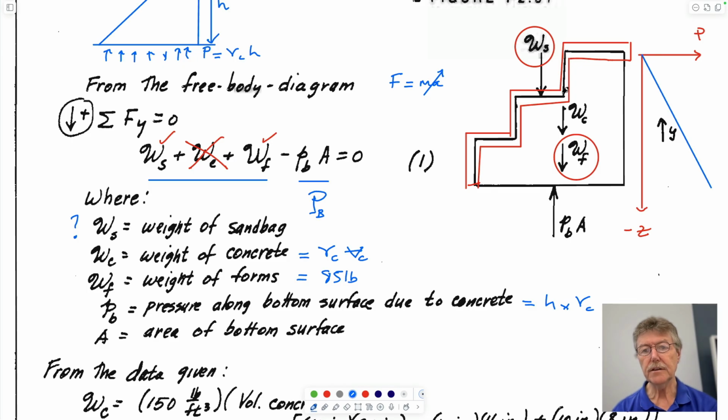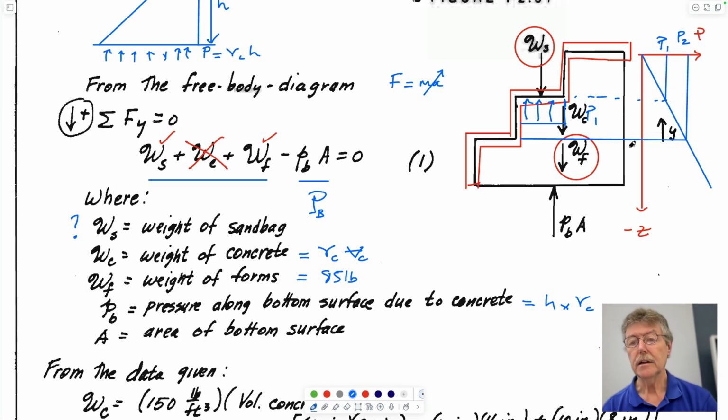So as we go down to this point here, the pressure acting on the base will be P1. The pressure acting on this part here will be P2. I'm not trying to make your lives terrible.